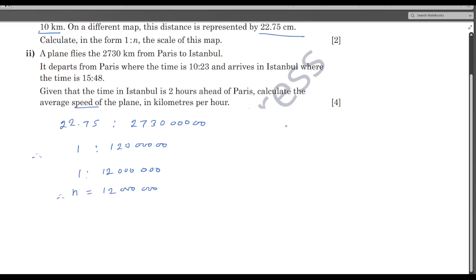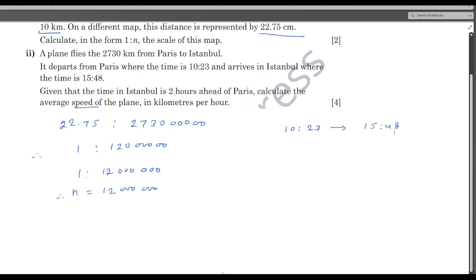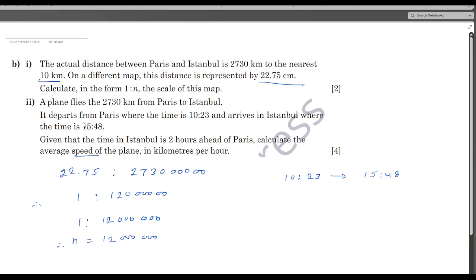So you started at 10:23, then you landed at the other end at 15:48, but as Istanbul is 2 hours ahead, that means when time in Paris is say 10:23, the time in Istanbul will be 12:23.